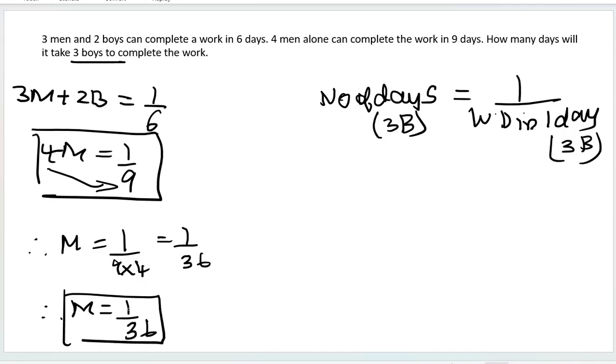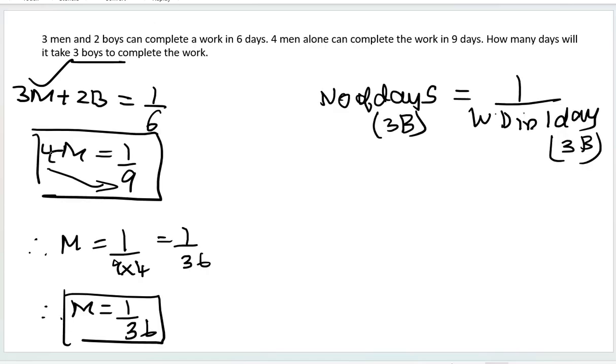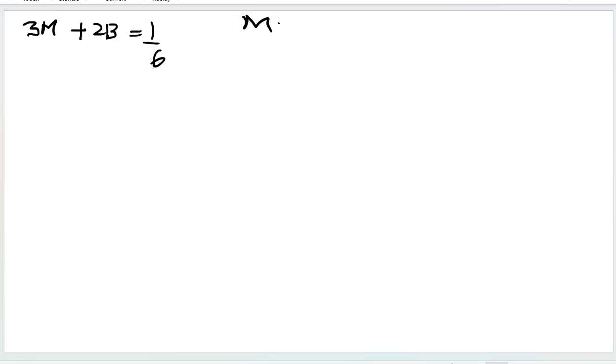Now I use m here and using this, I find b. Now I have 3m plus 2b equals 1 upon 6. Using the second argument by taking the 4 down, I get m as 1 by 36. I insert this m here.